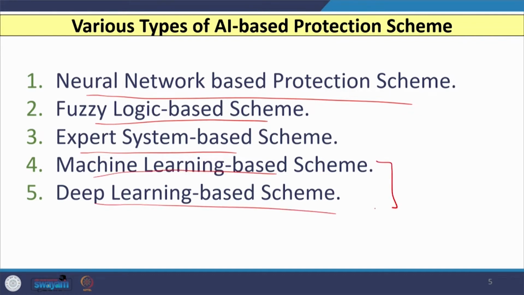The fourth and fifth, that is machine learning or deep learning based schemes, are more or less the same, the only difference being that deep learning is again a subset of machine learning. So, we can say that these two are categorized in the same category, whereas the other three schemes are different. Let us discuss each scheme one by one.